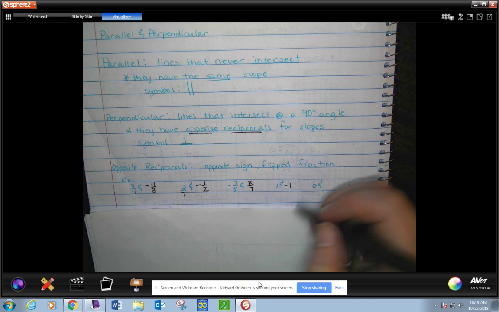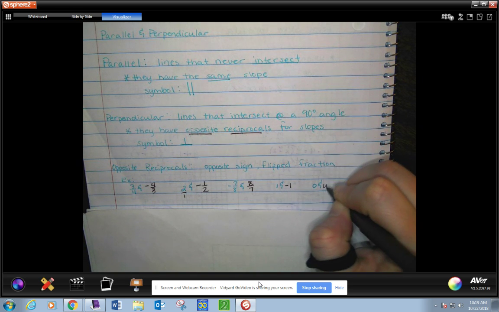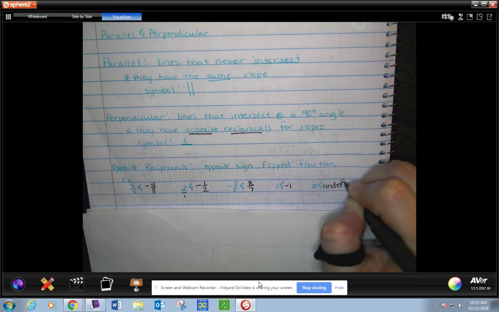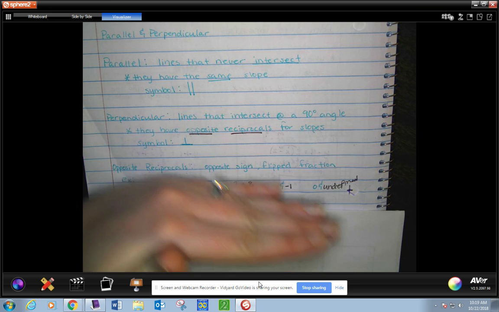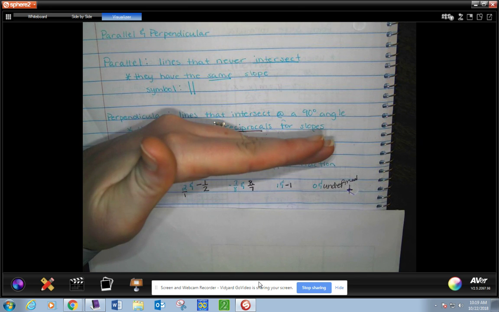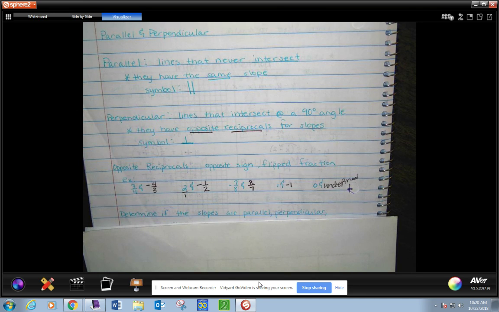Even if you turn these into fractions, you can't really flip 1/1. Okay, now 0 is the hardest one and the one that we most missed. 0 is undefined. Okay, think about it. A 0 line goes like this, and an undefined line goes up and down. So that's what makes it perpendicular.